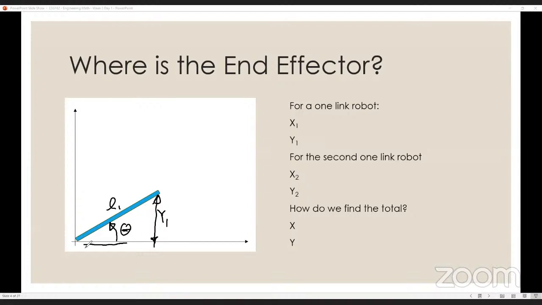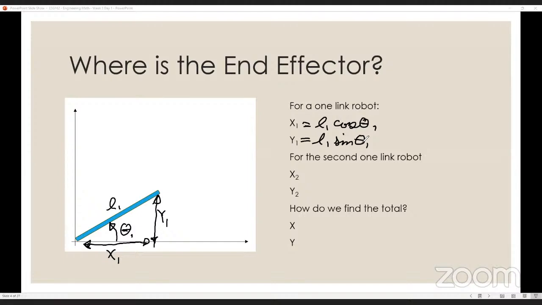For those of you who had lab yesterday, you should be able to fire this one off really quick. Cosine of theta. X1 is equal to L1 times the cosine of theta. We'll call this theta 1 because it's the first link. So what's the Y component then? Yep. Nailed it. Sine theta 1.